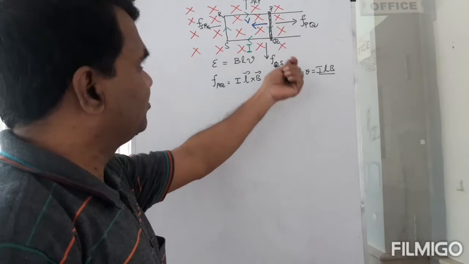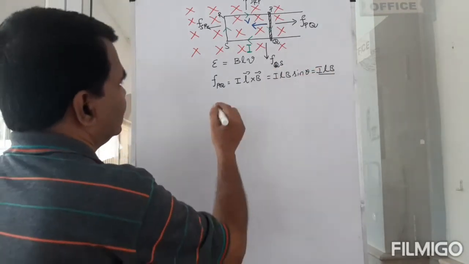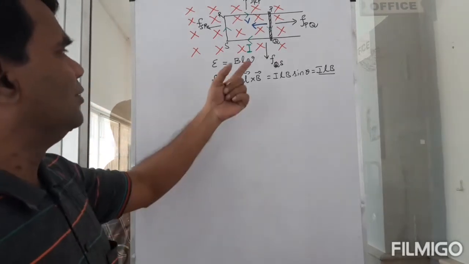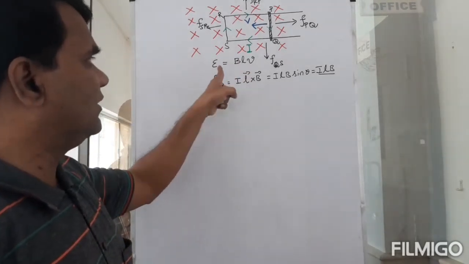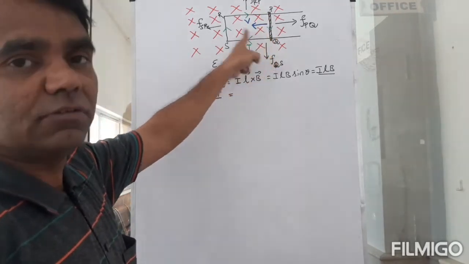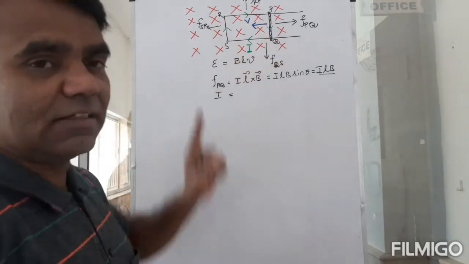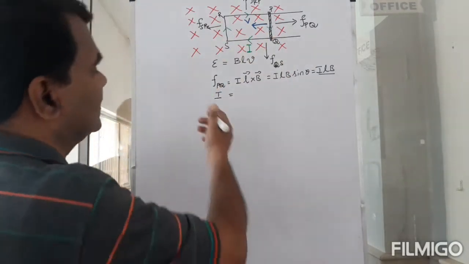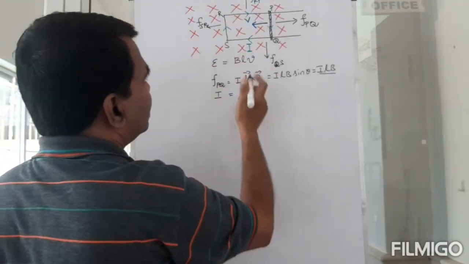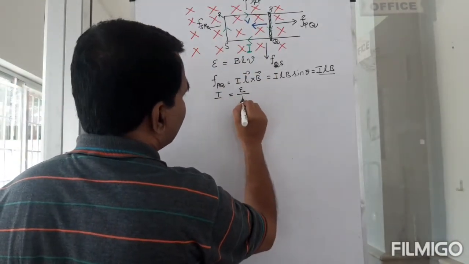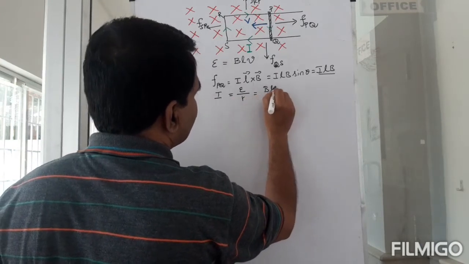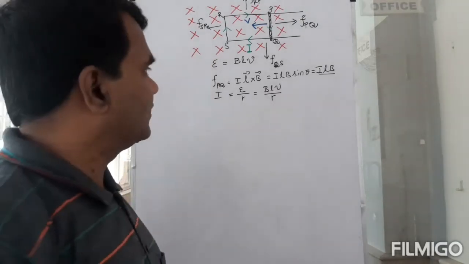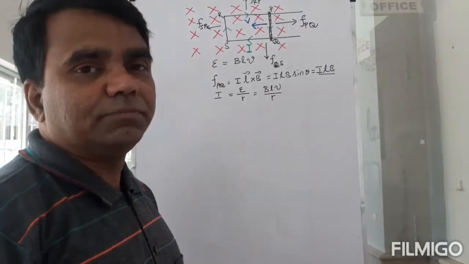Okay. But what is I? What is I? Well, this BLv is the EMF induced in this circuit, and if, say, R is the resistance of the circuit, then I can say that the current flowing through this loop would be BLv by R. That is the current.